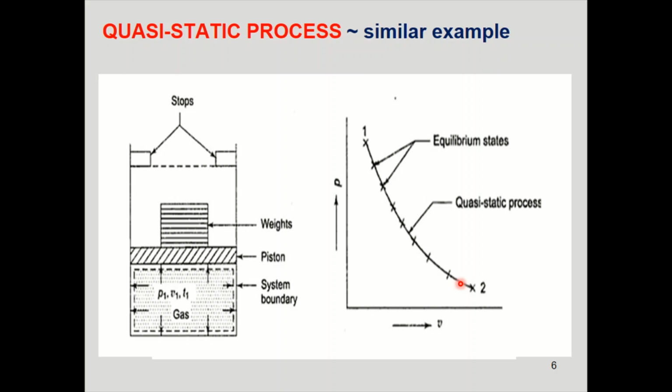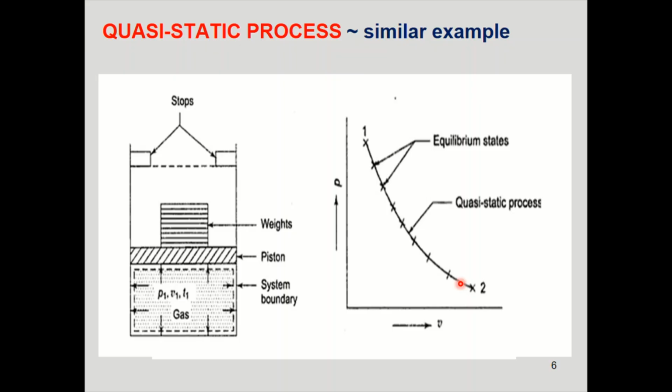Please remember, throughout the course of thermodynamics we will be discussing quasi-static processes only. Rather, I should say quasi-static substitutes of the real processes, because real processes themselves cannot be studied, as we don't know about the intermediate points.